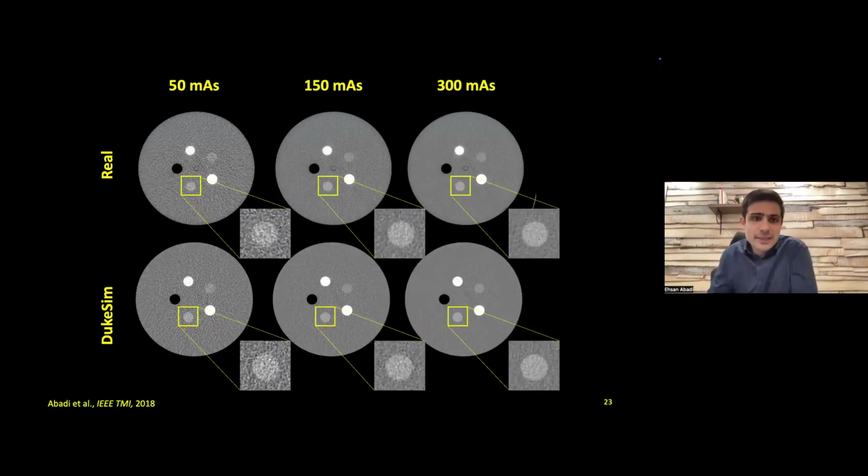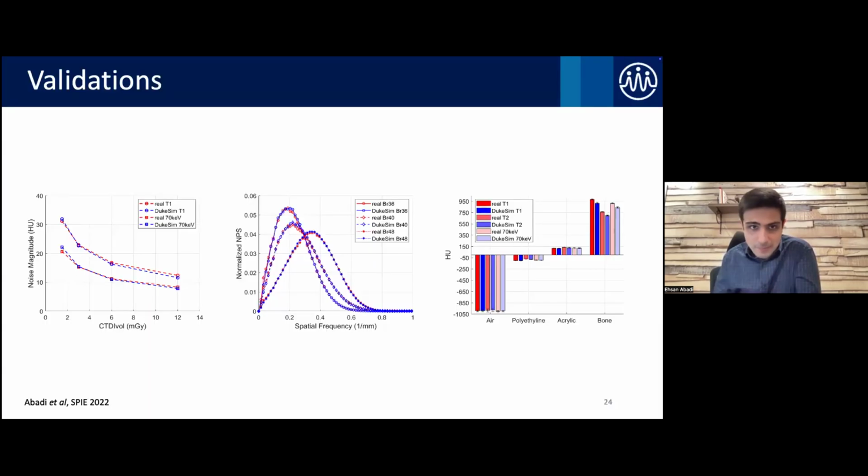So here is one of the examples, and on the top you see one of the standard physical phantoms, with a replica of its simulations on the bottom at different dose levels. And just visually speaking, we see that the images look similar to one another and they have similar trends in terms of noise or spatial resolution or contrast.